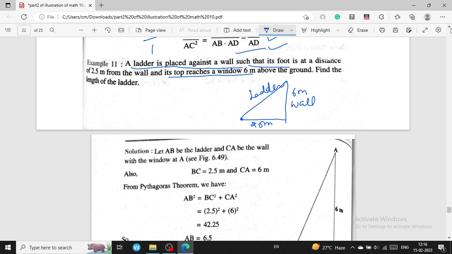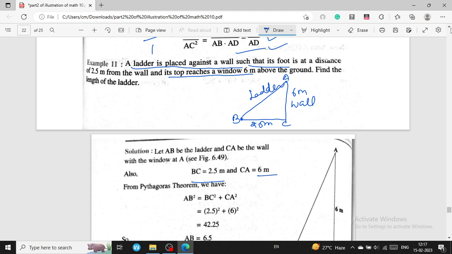For finding the length of the ladder, first of all, we use Pythagoras theorem. Let AB be the ladder and CA be the wall with the window at A. BC is given 2.5 and CA is given 6 meter.